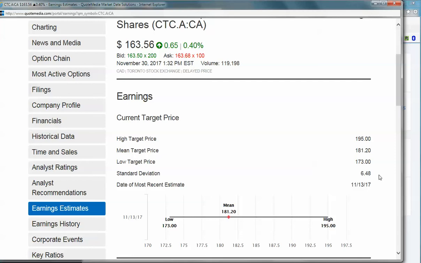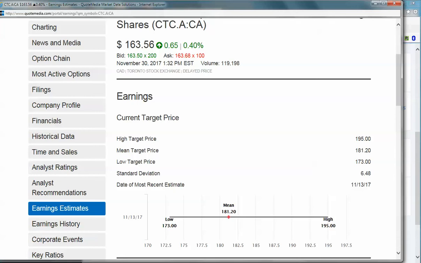The low target price is $173, and the mean target price is $181.20. So we will keep that information in mind, because when we perform the transaction, we are asked to provide some target price, some objectives for the transaction, and this information will come in handy at this moment.